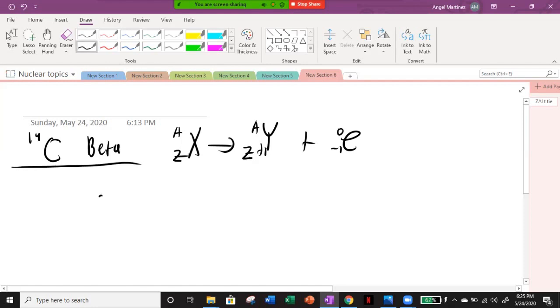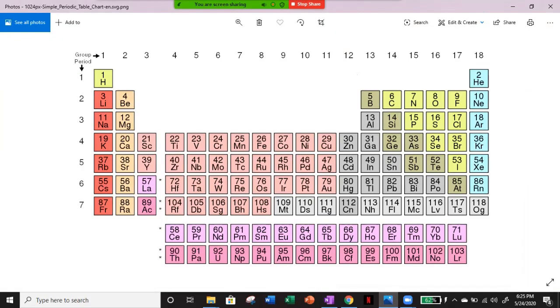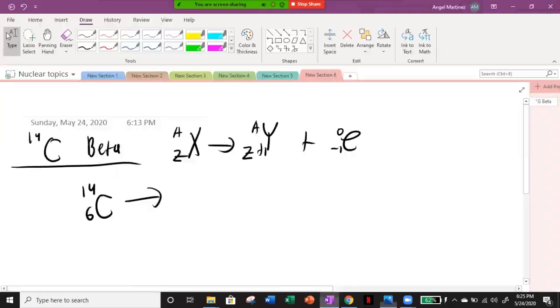So we're going to do carbon-14, and this is a 6. If you want to make sure, just go to the periodic table. We have carbon as 6. Then we do Z plus 1. Let me do a different color, red. So 7, it's still 14, we don't change the number.